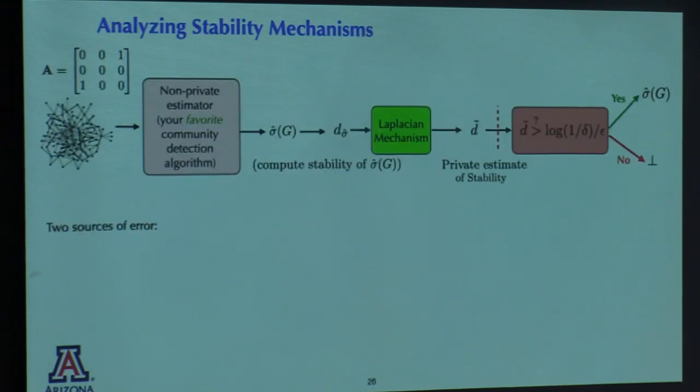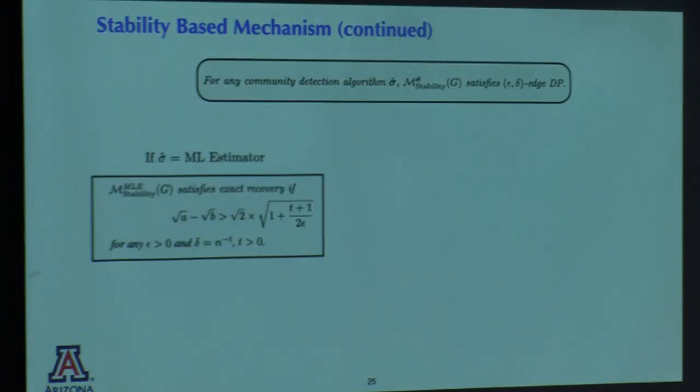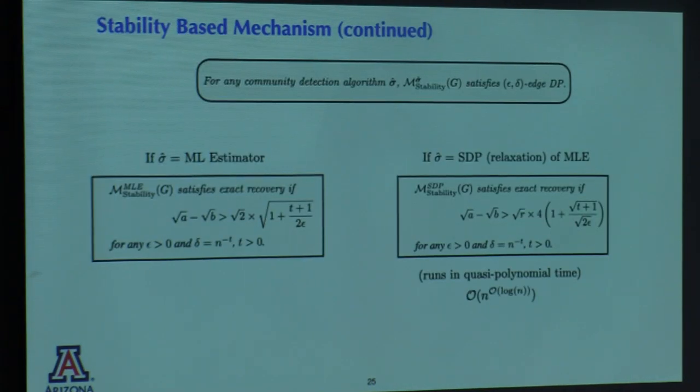So this kind of suggests that if you move towards pure DP, taking t larger, then the required gap between A and B starts going up.